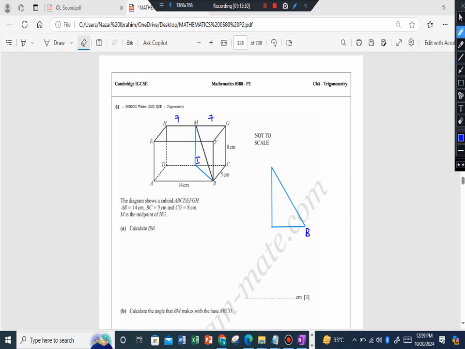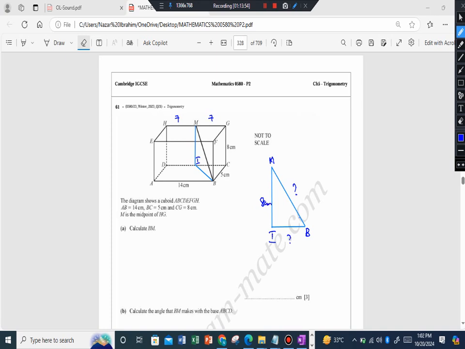This is B, this is M, and this is I. I want to calculate BM and I have MI. MI is a line parallel to GC and equal, so it is 8 centimeter, right?